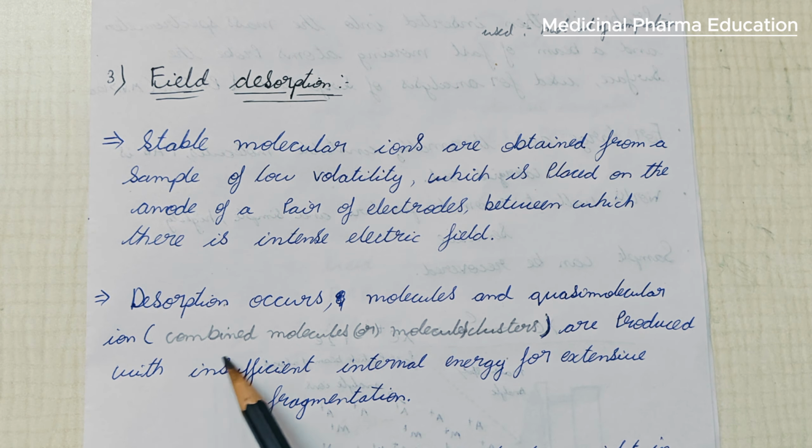Quasi molecules means combined molecules and molecular clusters. You know clusters, right? A combination of two, three, or four molecules combined with one another is called a cluster. These are formed with insufficient internal energy for extensive fragmentation.